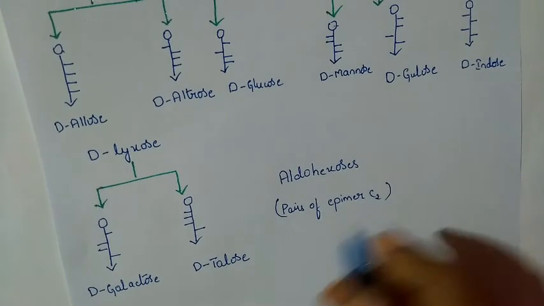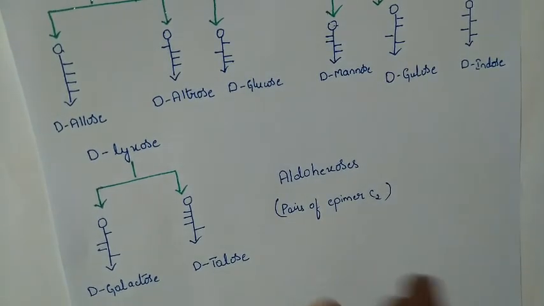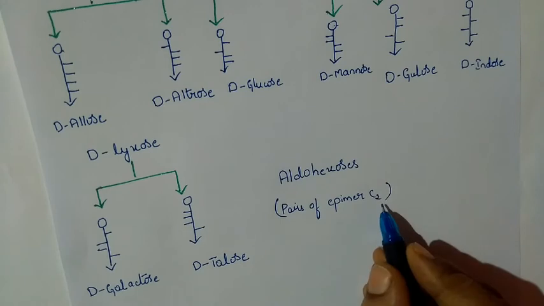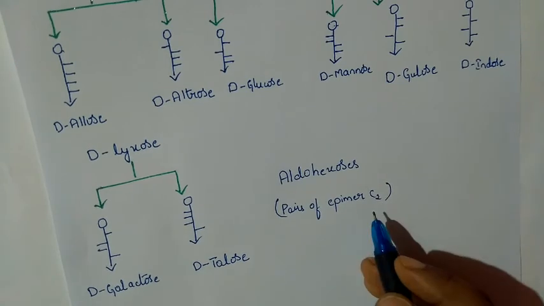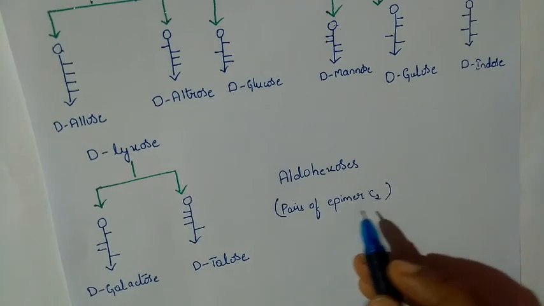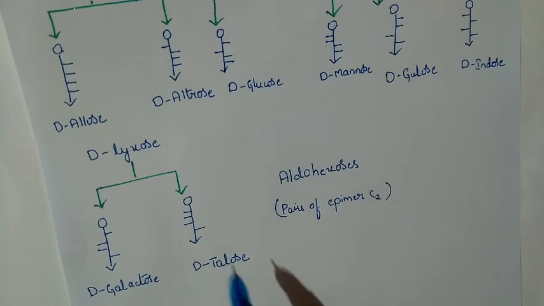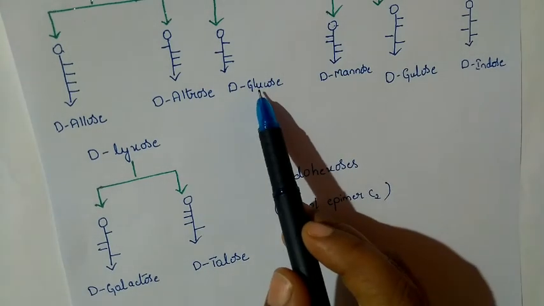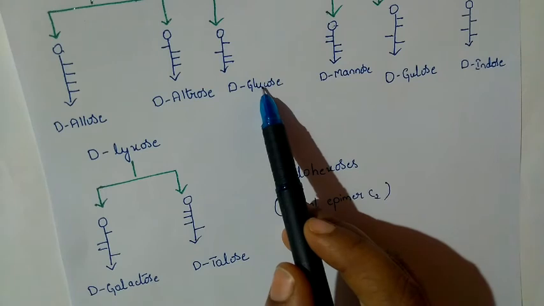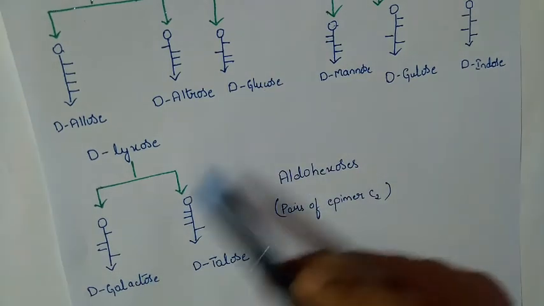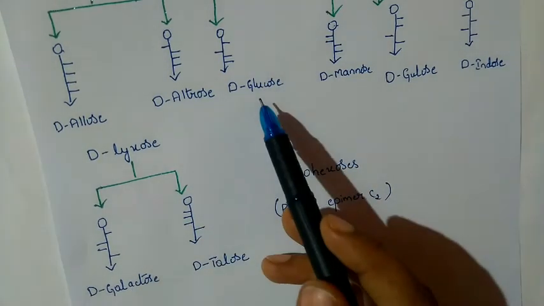Epimers are different at only carbon 2, that is the second carbon atom. The configuration is different, that is the OH group is different at C2 itself. I hope it is clear. And we have studied D-glucose and D-galactose. They are the epimers at C4.